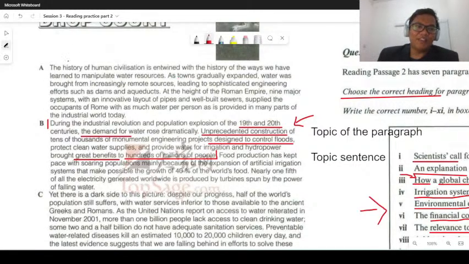So, for example, the history of human civilization is entwined in the history of the ways we have learned to manipulate water resources. Okay, this could be important, right? There is a topic on water resources, manipulating water resources, right? It's definitely not focused on human civilization, right?